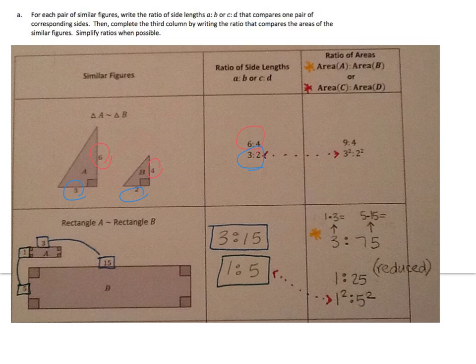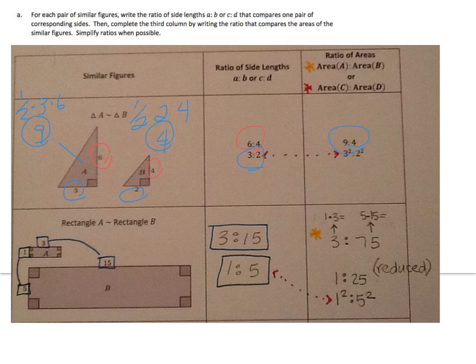Then if you look at our ratios of areas, the area of this triangle is 1/2 times base times height. That's 18 times 1/2, which is 9. And this one is 1/2 times base times height, that's 8 times 1/2, which is 4.